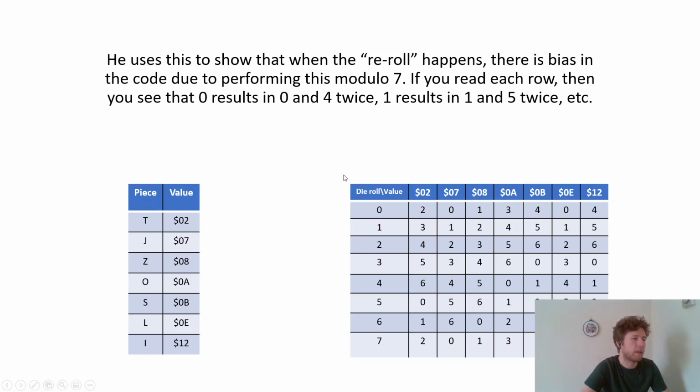This is only in the reroll scenario. So say we've already rolled an 8-sided die, and then you pick the pieces, and if you need to re-roll, then that's where we come into this scenario. So this only happens a quarter of the time.